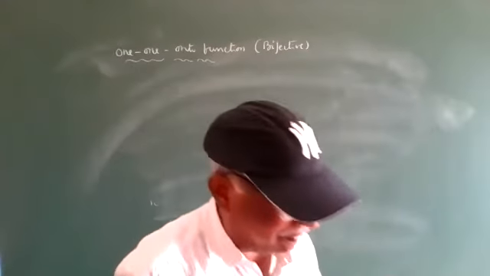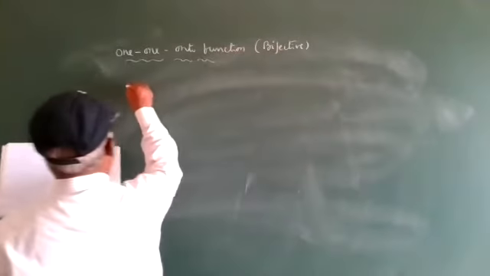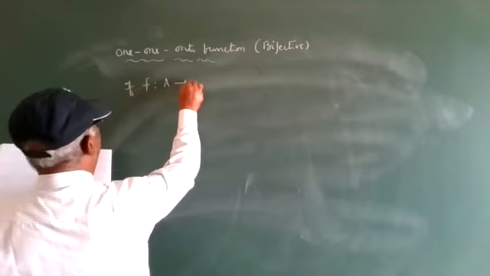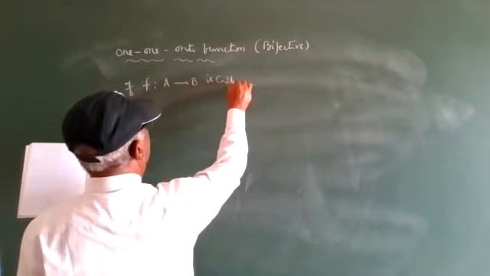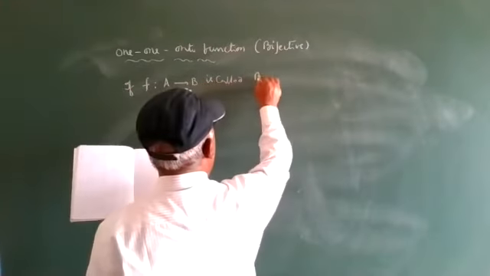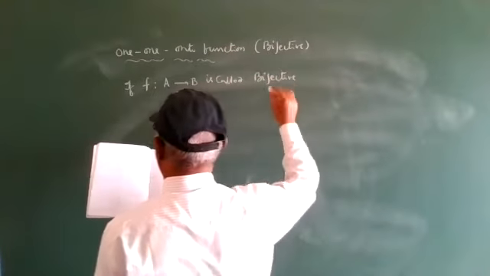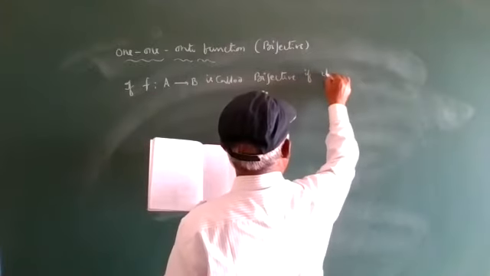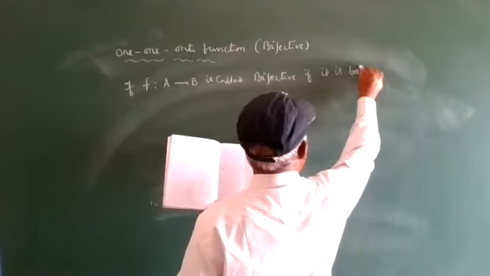So now I will write the definition. If f maps A to B, it is called bijective if it is both 1-1 and onto.